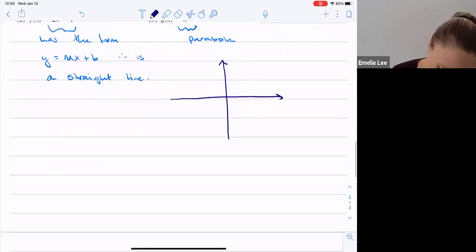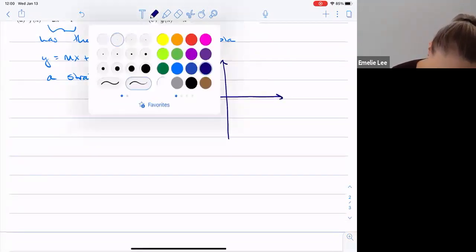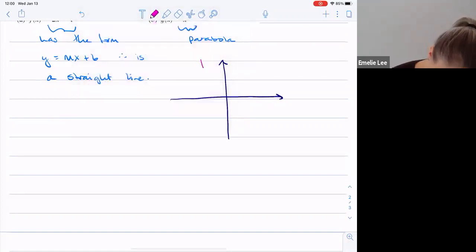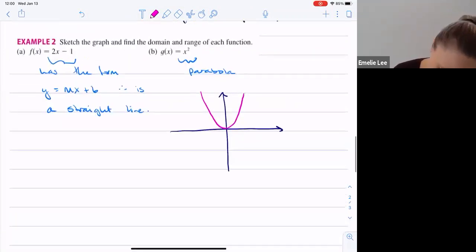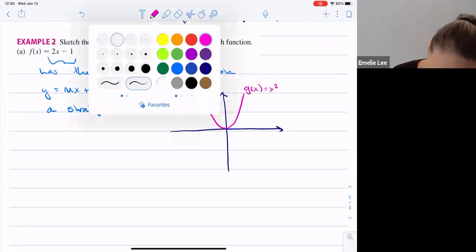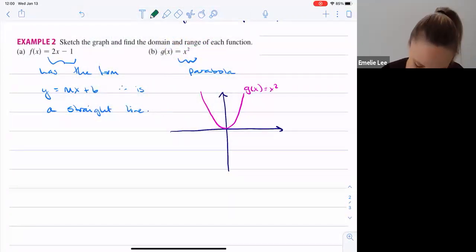I've got the parabola here, g of x equals x squared, and I'll do it in green.